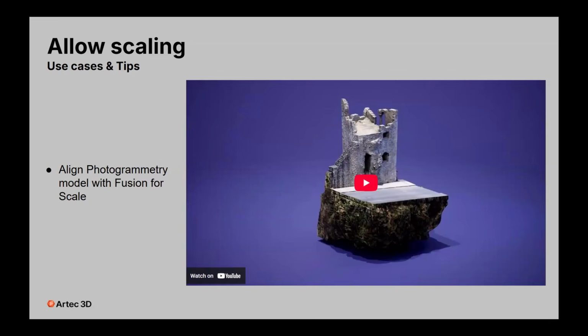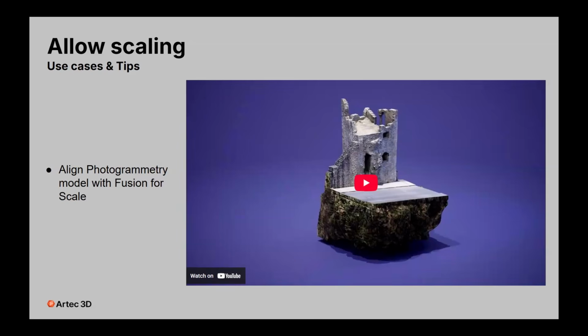Essentially, let me describe the process in general, how this works. First of all, we scan our scene with the Artec Ray, with the Artec Ray 2, or let's say with Leo if we're scanning a smaller area, and then we use a drone to make a scene photogrammetry.